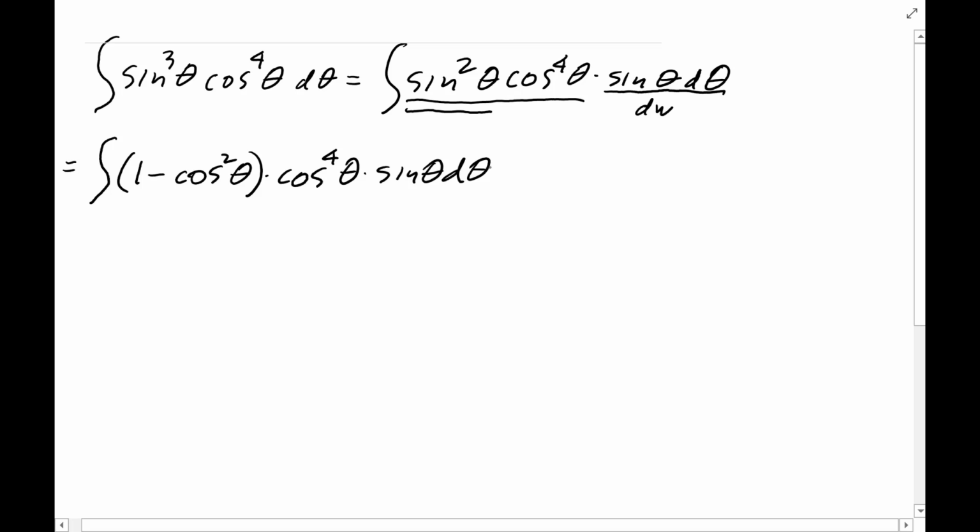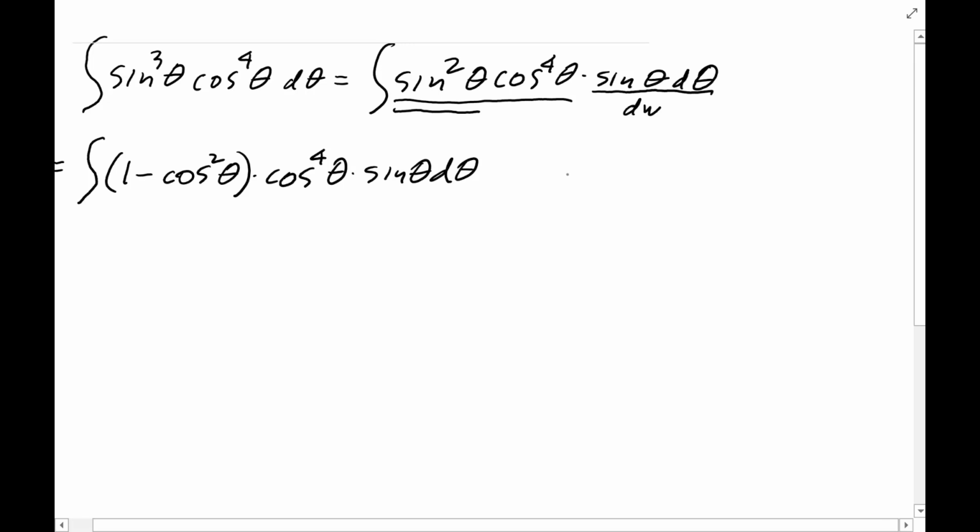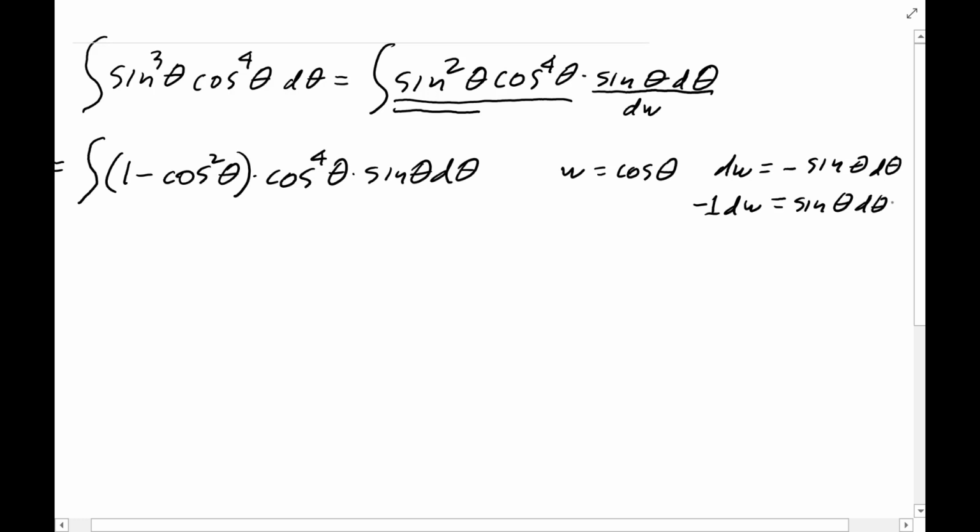Now we're ready to do our substitution. W is going to be cosine of theta, and dw is going to be the negative sine theta d theta. Now let's just multiply both sides of this equation by negative 1. So we get negative 1 dw equals sine theta d theta.